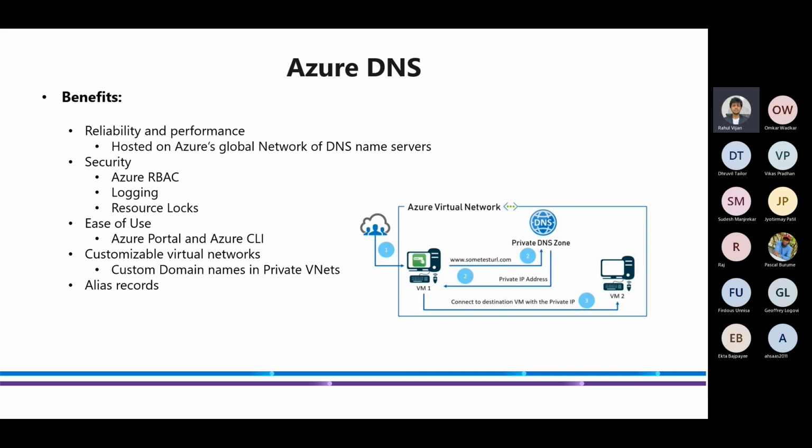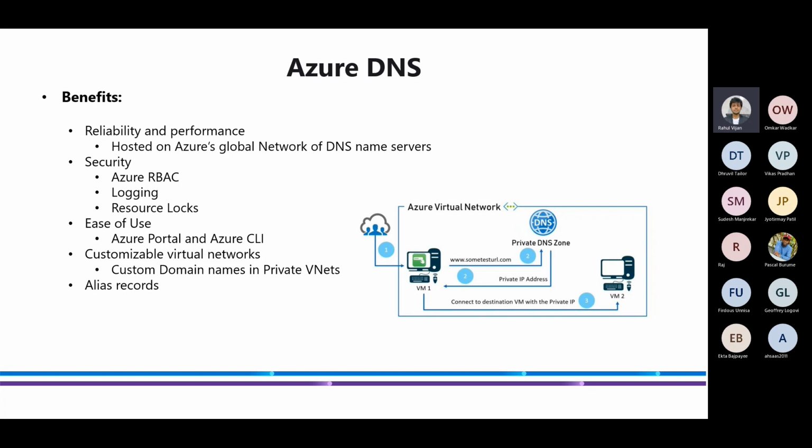First is reliability and performance. Since Azure is a global network of data centers, whatever you're hosting on Azure is on the global Azure network of domain name servers. So you get a pre-connected network of domain name servers to connect to, and you can also use custom domain names.